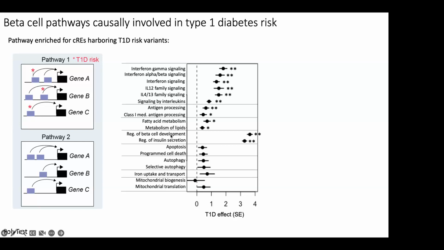So each of these processes is linked to regions that are harboring variants associated with type 1 diabetes. Whereas some other processes that are changing in disease, so apoptosis, autophagy, mitochondrial function, these processes are changing in the progression to disease, but have no evidence for harboring disease risk. So they may be consequences of disease as opposed to things that are causally involved in the development of disease, if that makes sense.